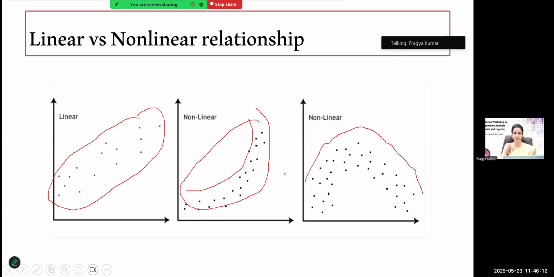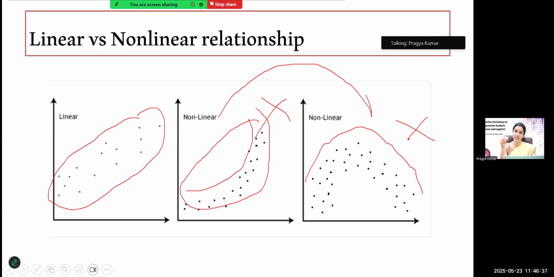In such cases, you will have to go for quadratic or segmental regression or some other form of regression. In these two, you cannot perform linear regression. There are other types of regression equations also, like segmental or polynomial regression, that you can use.